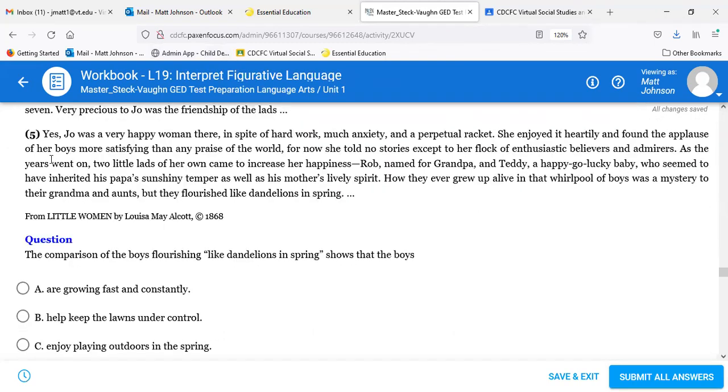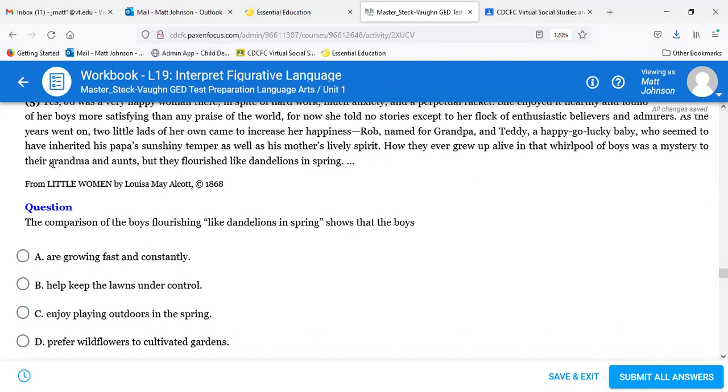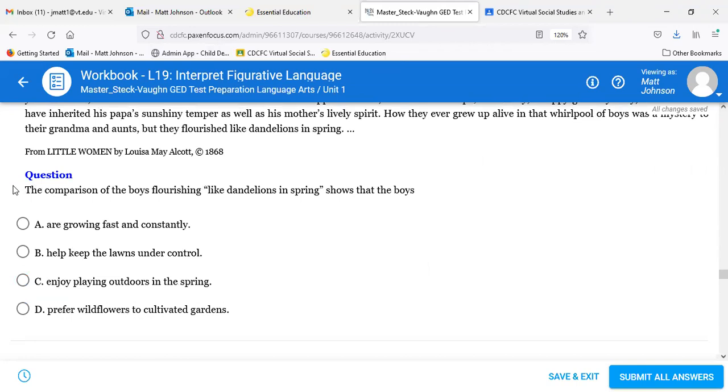So number 10, let's see, Tracy, could you read number 10 for us? The comparison of the boys to flourishes like dandelions in spring shows that boys are A, growing fast and constantly. B, help keep the lawns under control. C, enjoy playing outdoors in the spring.